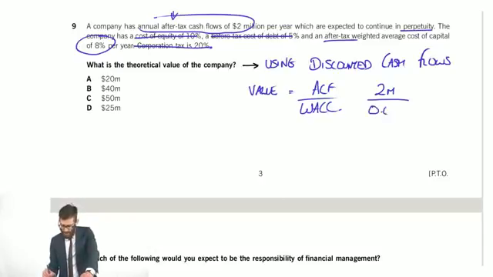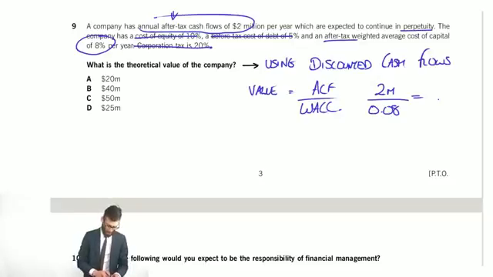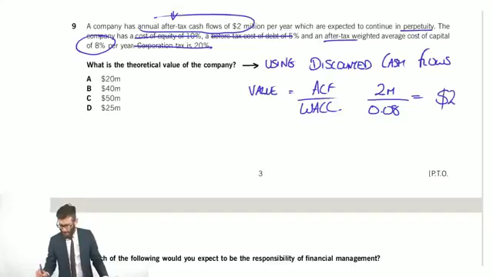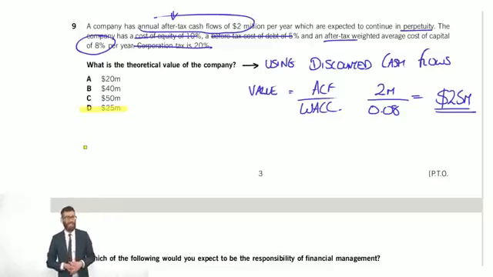So if we divide that by 8%, we will get 25 million. 25 million subsequently is the value of this business using the discounted cash flow method.